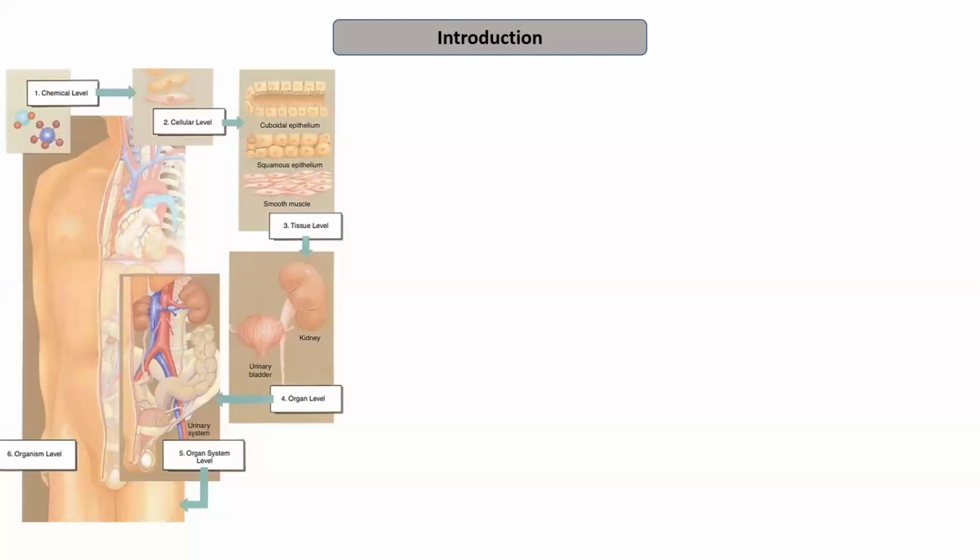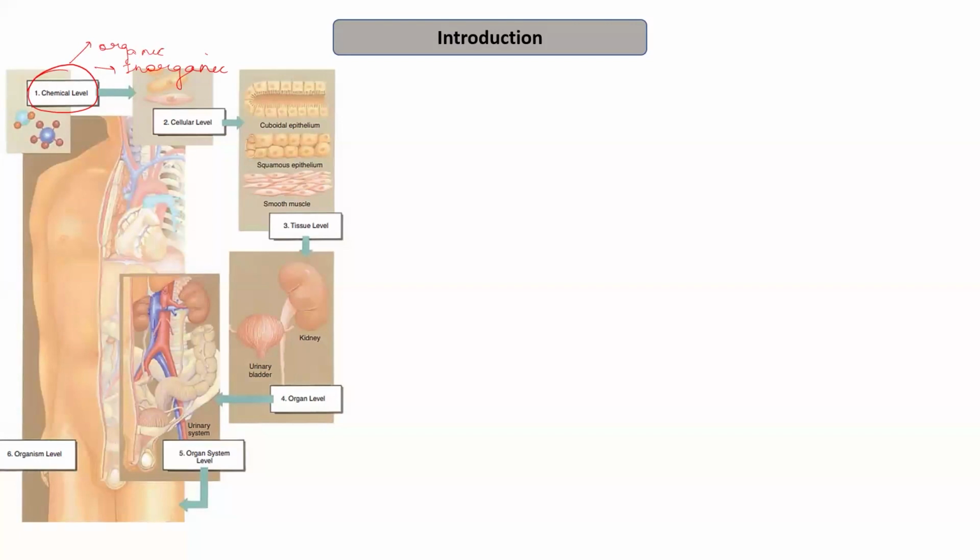So starting with the introduction, we know that the human body or any living organism is made up of levels. The initial level is the chemical level, where the body is made up of either organic compounds or inorganic compounds. So certain organic and inorganic compounds make up the chemical level, the various chemicals that are present inside our body.